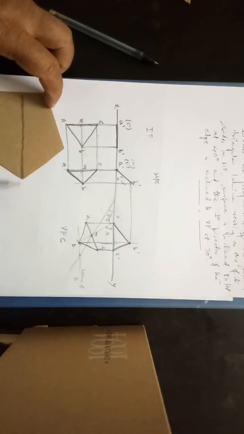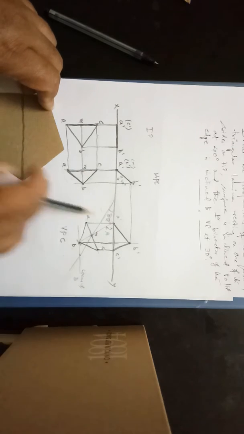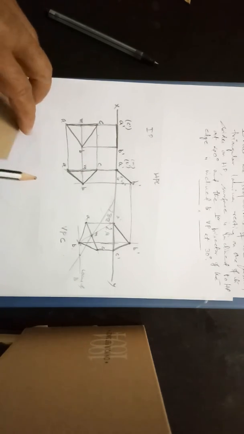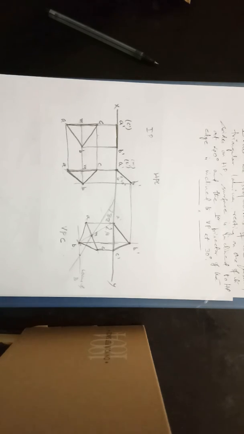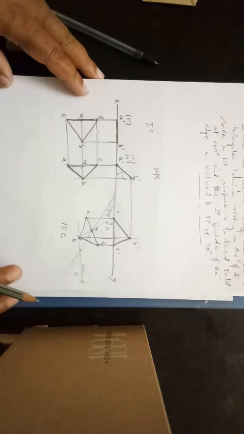So in the initial position, the perpendicular bisector will be parallel to VP. Then in the problem he has given the VP condition, it is inclined to VP at 30 degrees. So I hope you can solve the problem which I have given in the notes.